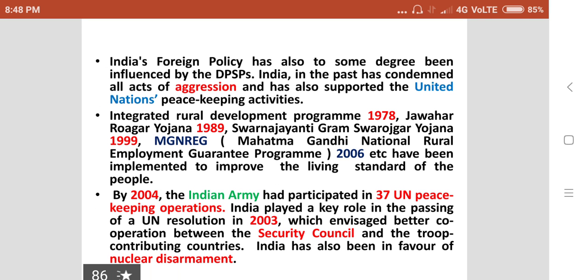India's foreign policy has also to some degree been influenced by the directive principles. India in the past has condemned all acts of aggression and has also supported the United Nations peacekeeping activities.